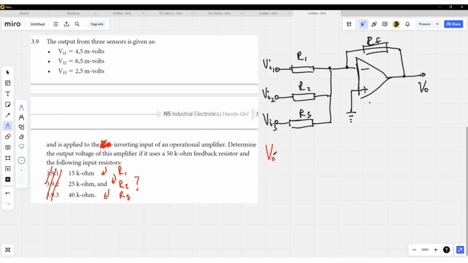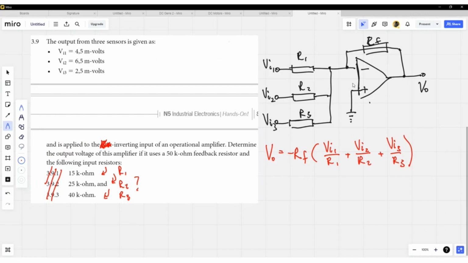So your output voltage is then going to be minus RF with the ratio: first your first input's contribution, then your second input's contribution, and then your third.